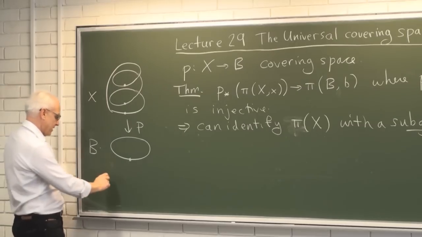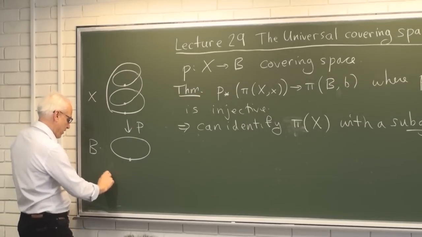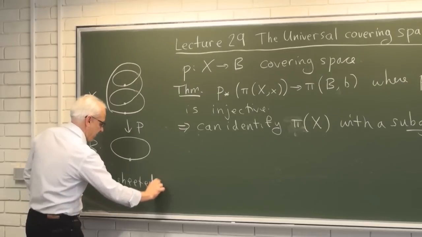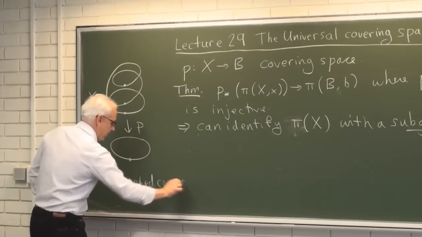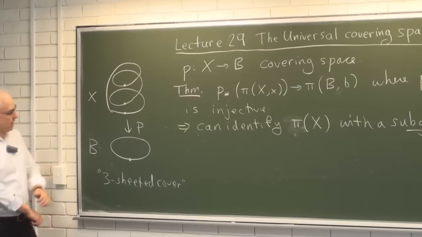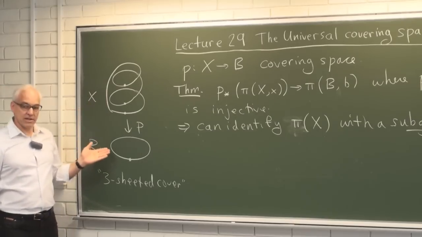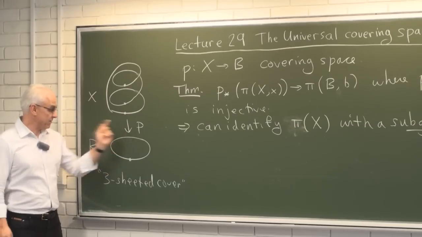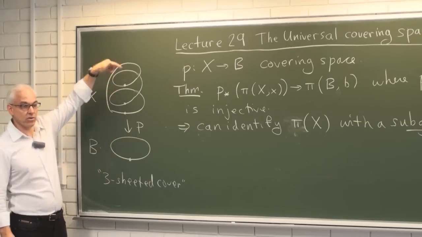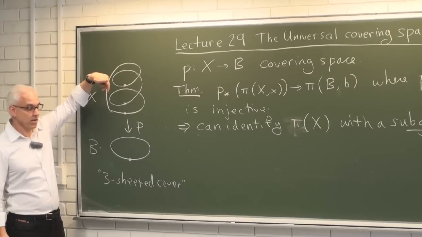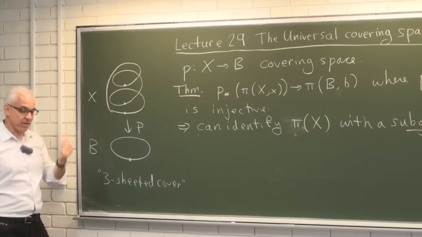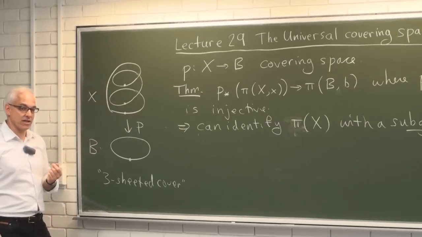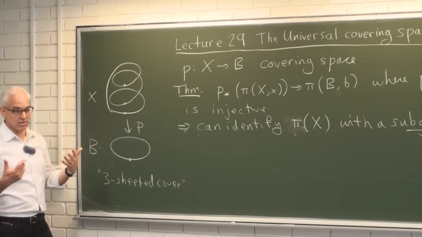So sometimes we might say this is a 3-fold cover or a 3-sheeted cover. All right, so both these spaces are actually topologically circles. B is obviously a circle, but X is also a circle topologically. So both of them have fundamental groups which are very familiar. The fundamental groups of both of them are just essentially the integers.